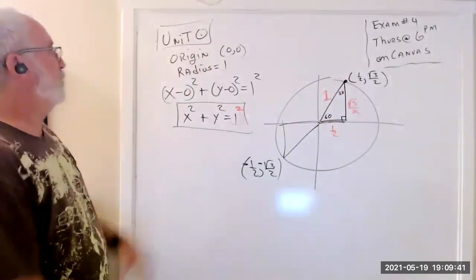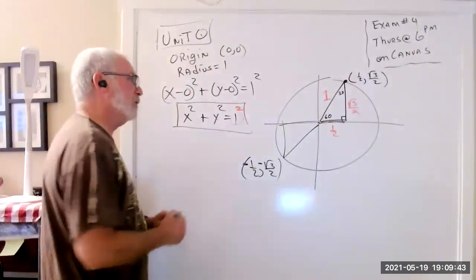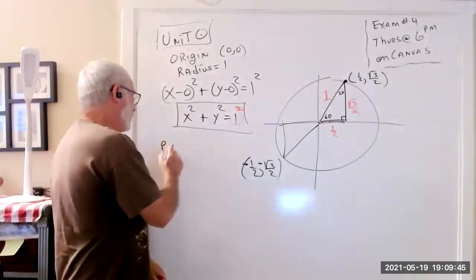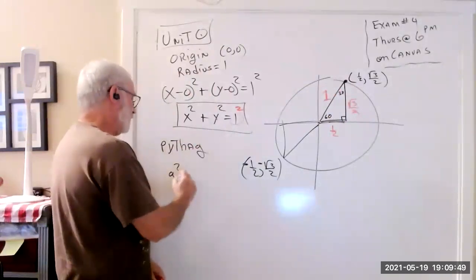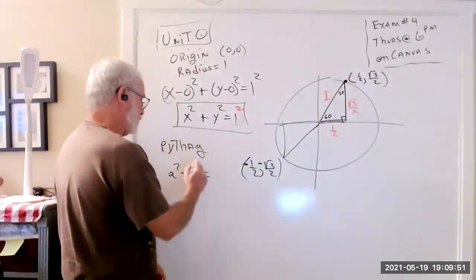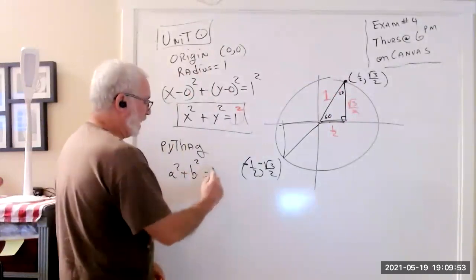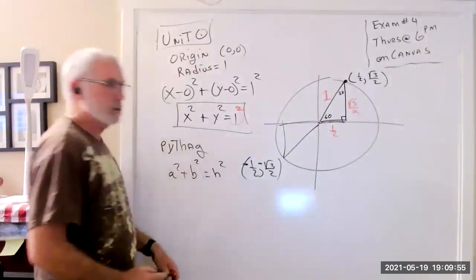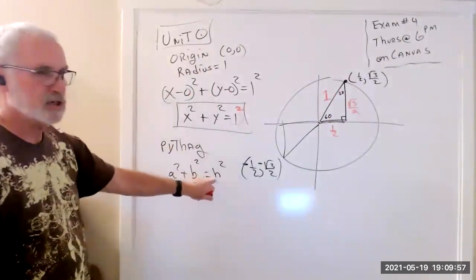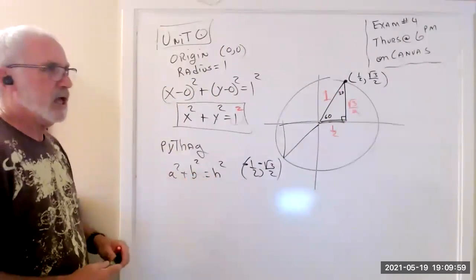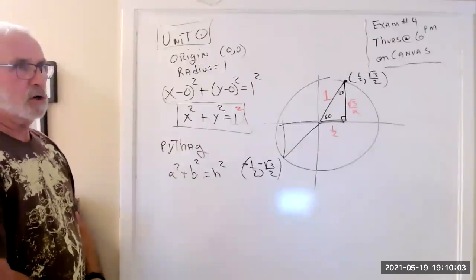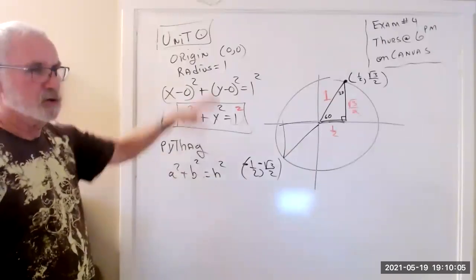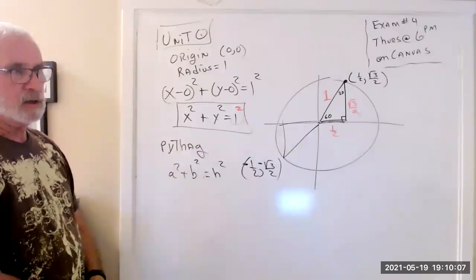Okay, if you can do that, and you can use the Pythagorean theorem, which is a squared plus b squared equals the hypotenuse squared. Okay, I don't like c, I like at least hypotenuse. Okay, you're going to get through a whole bunch of trigonometry with just these facts right here.